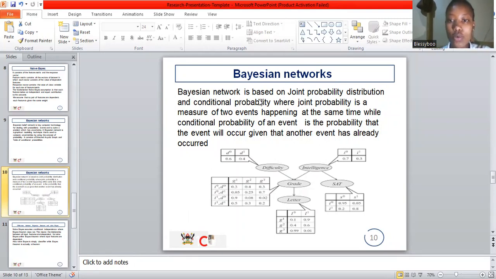Joint probability will consider two conditions at the same time, but for conditional probability, you have to consider one condition given that an event has already occurred.